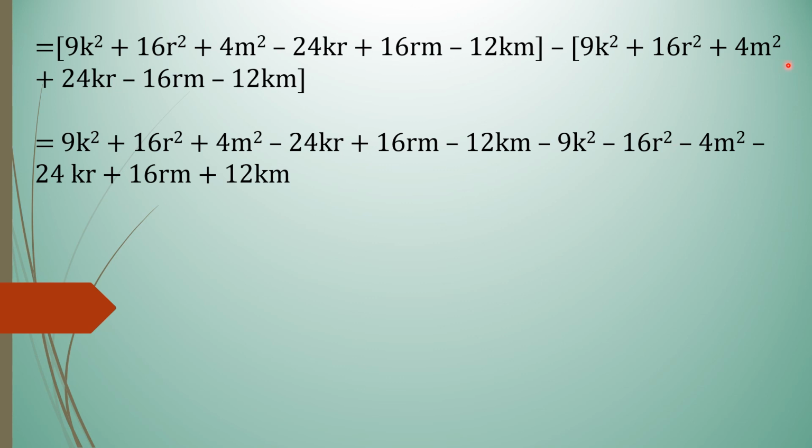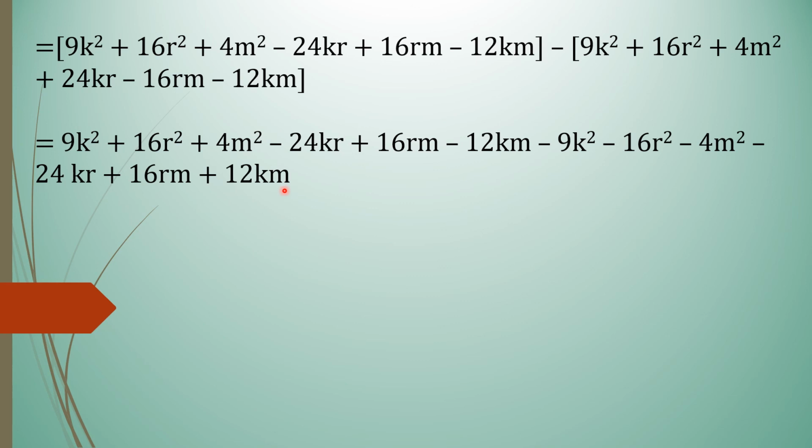Now plus 4m square was previous, now it will become minus 4m square. Then minus 24kr. Then minus 16rm will become plus, because minus into minus will give you plus. So it will become 16rm. Then minus 12km into minus, it will become plus 12km.